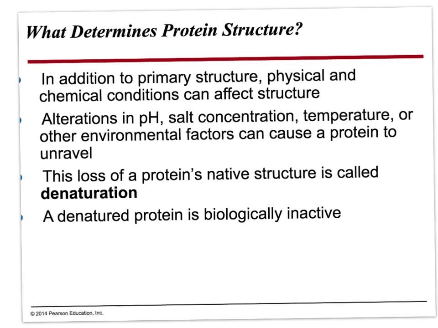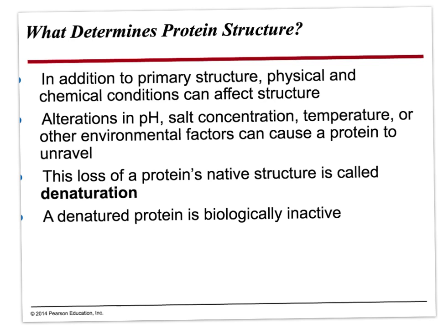So that could lead to a change in shape or loss of shape, which is called denaturation. Cells sometimes are exposed to increased heat, high levels of pH or salt concentrations, and the proteins within the cells are disrupted. Their shape is disrupted. They're denatured. That denatured protein is biologically inactive.